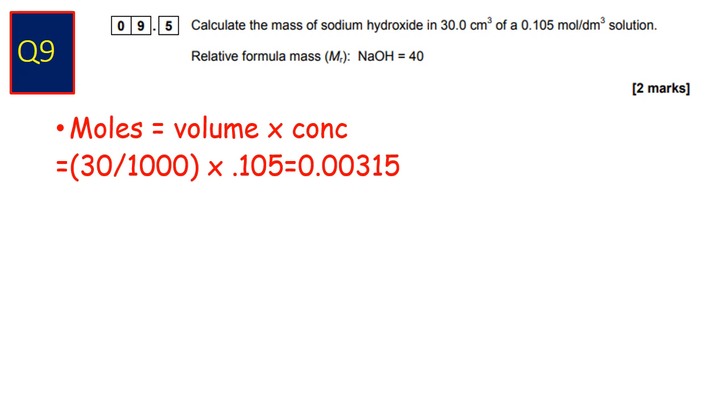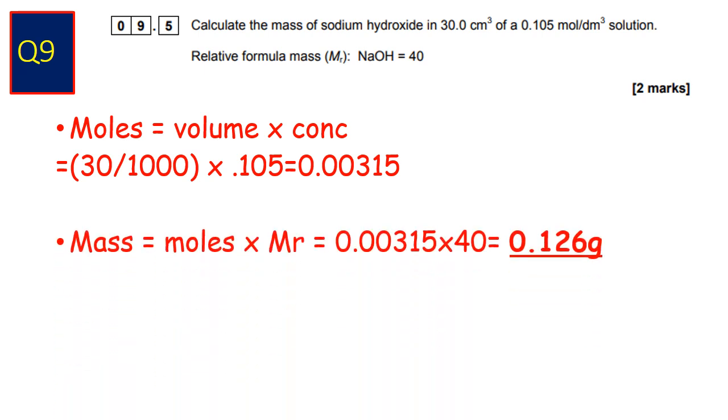So, 30 divided by 1000, making sure my units of volume are in decimetre cubed, times by 0.105, gives me moles of sodium hydroxide of 0.00315. I have the moles, I can now use that to work out the mass, because mass equals moles times Mr. So 0.00315 times 40 gives me an answer of 0.126 grams.